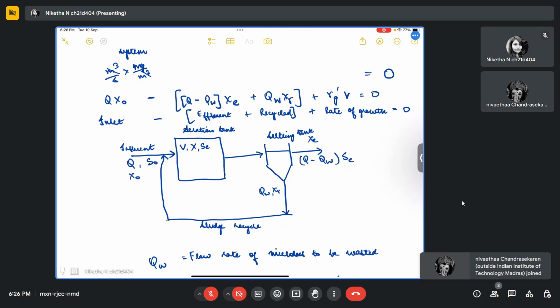Considering that we'll just ignore the time term and consider that this is happening for a day, this equation will give us the mass of microbes that are passing through and out of the system in a day. So this will be the inlet mass, inlet minus whatever is coming out plus the rate of growth is going to be equal to 0.